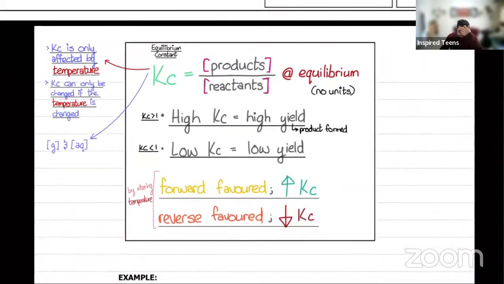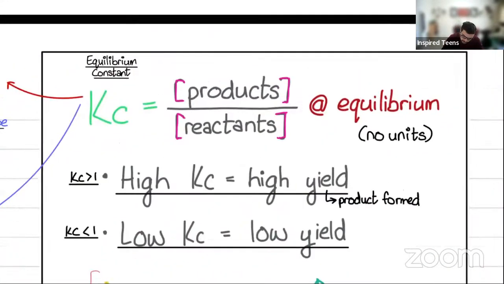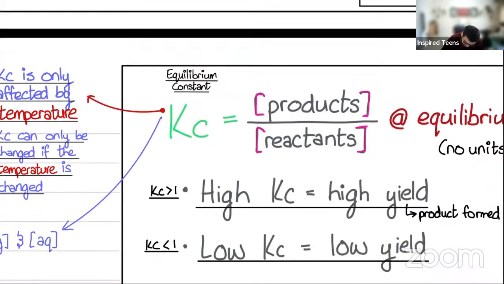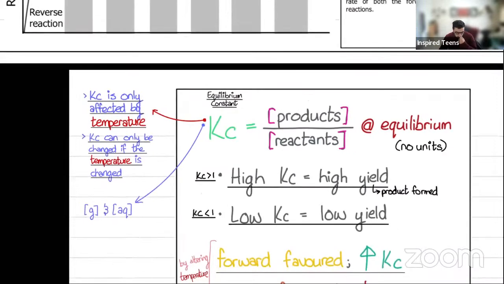We're going to do an example of a Kc calculation in a second. We always take the concentration at equilibrium, and we do not consider anything but a gas and an aqueous solution. If it's a solid, we don't consider it.